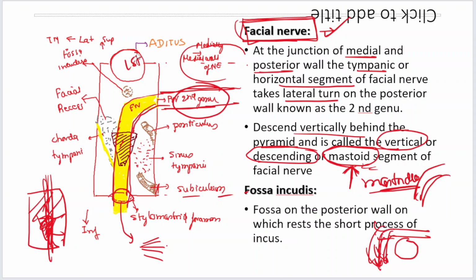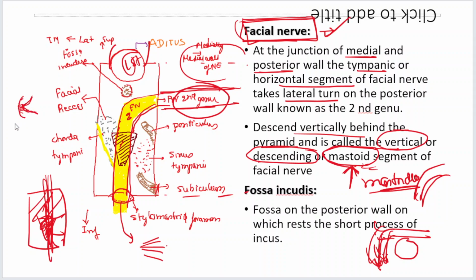The first structure is the aditus, which connects the attic with the antrum. Second one is the facial nerve. Third one, this brown structure present here, is called the fossa incudis. Fossa incudis is nothing but a depression in which the short process of the incus, which is more blunt, gets attached.